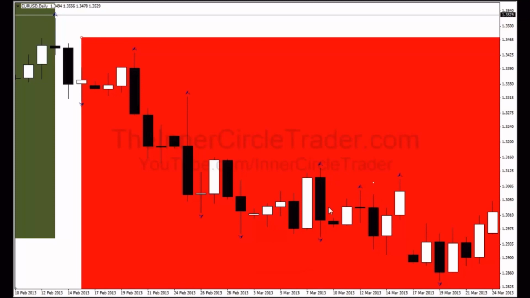Now we have an opportunity where the market creates a swing low here, trades lower, and comes back here and takes out this swing high. That's going to happen a few different times while we are in trending environments, because they're going to come back and take the stops and search for liquidity.